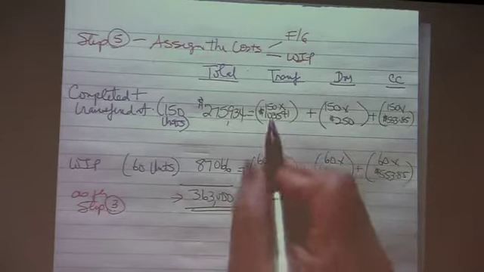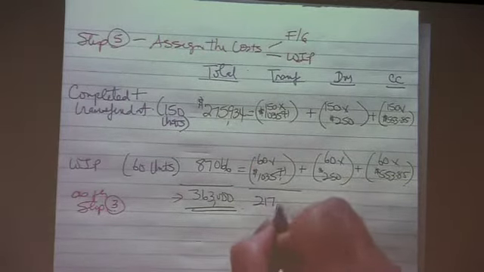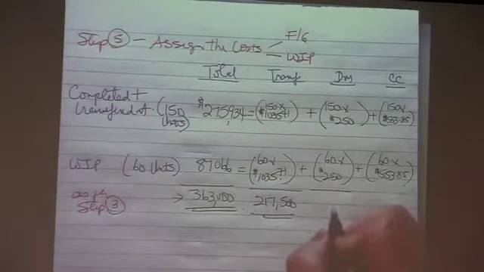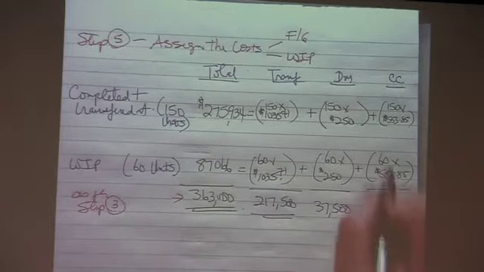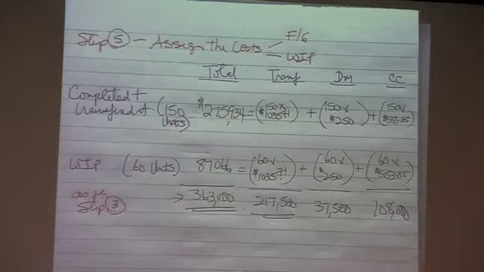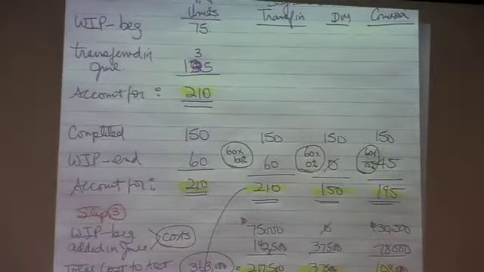Now, if I add these two, I get 217,500. And if I add these two, I get 37,500. And again, this one is 108. And this is exactly what we just calculated in step 3. Same numbers.